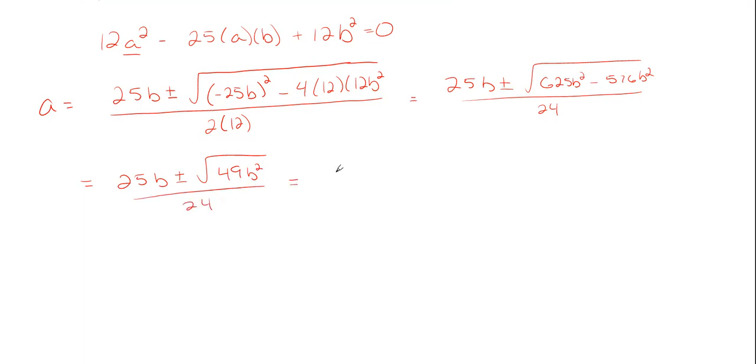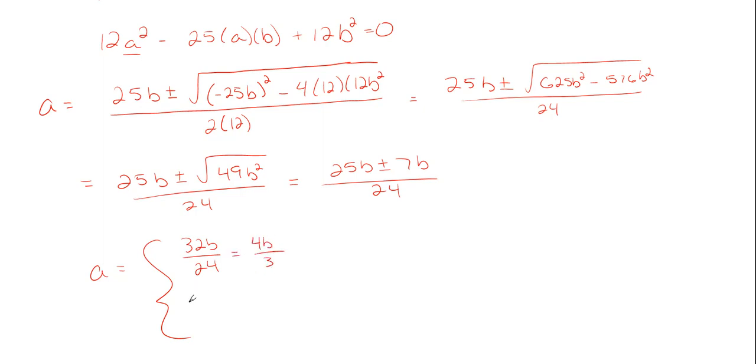So we end up with 25b plus or minus 7b all over 24. So thus the roots for a would either be 32b over 24 from the plus version, which can be simplified down to 4b over 3, or a could be 18b over 24, which is equal to 3b over 4.